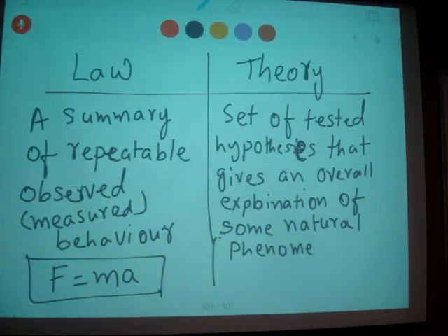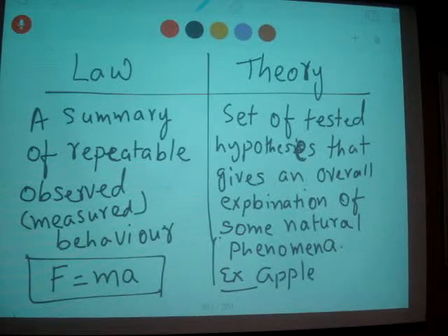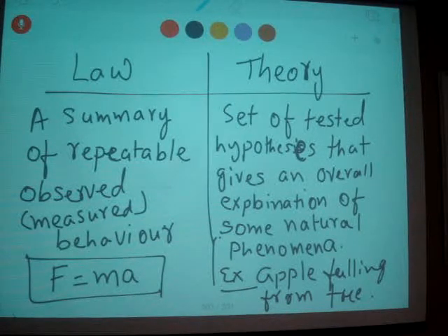What does that mean? For example, apple is falling from tree downward. That's the natural. Any fruit is falling down from the tree. It's not the fruit is going up to the tree. It's falling down. That's the natural phenomena.